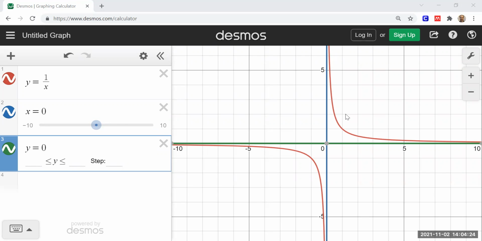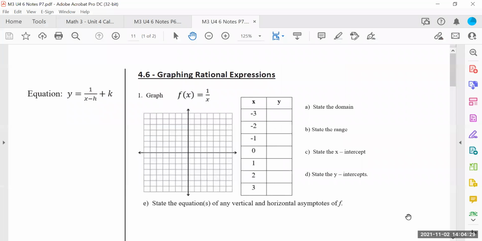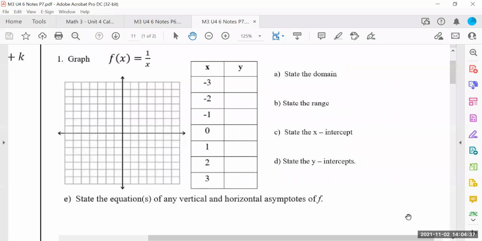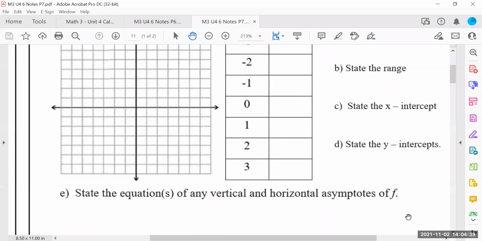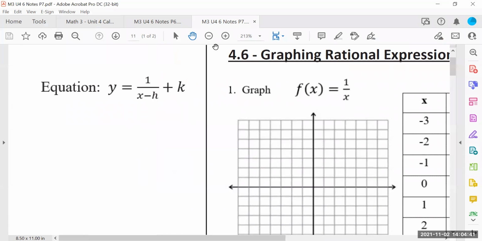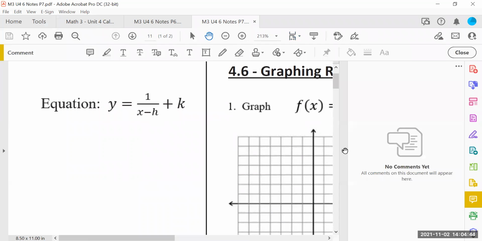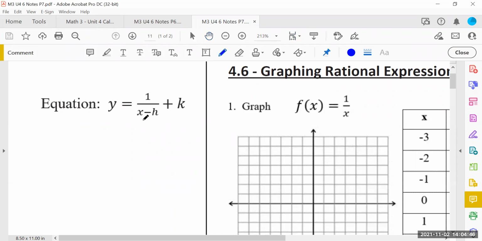There's the notes. On the notes, you're going to see an equation that has h and k, the same h and k that we've been using every single time we've graphed. And they do the exact same thing. So this h value is going to be our shifting left and right. So h shifts us left or right.